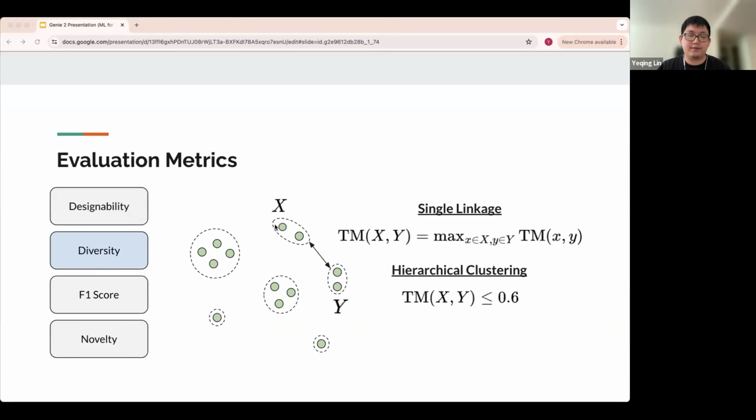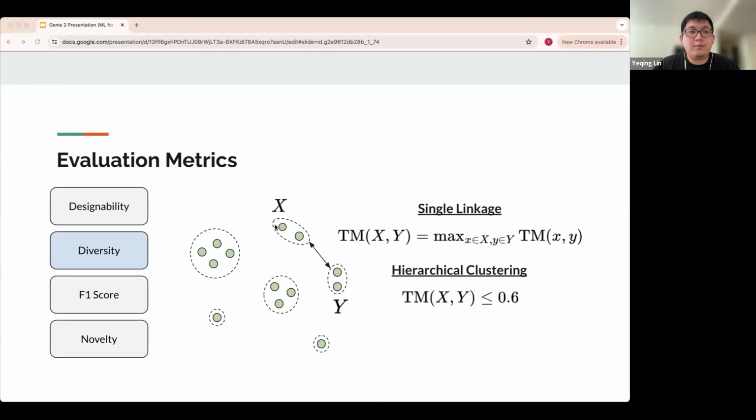We use a clustering threshold of 0.6, which makes sure that if we sample a pair of structures between clusters, the maximum TM score between them will be at most 0.6, so it will be less than that to be considered a unique cluster.